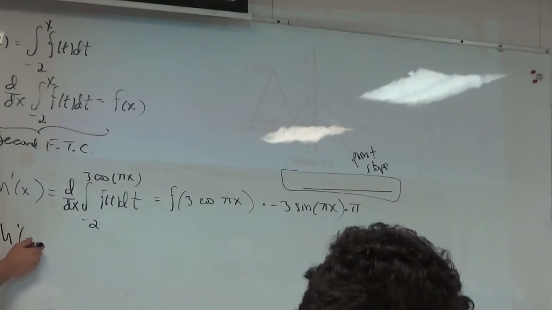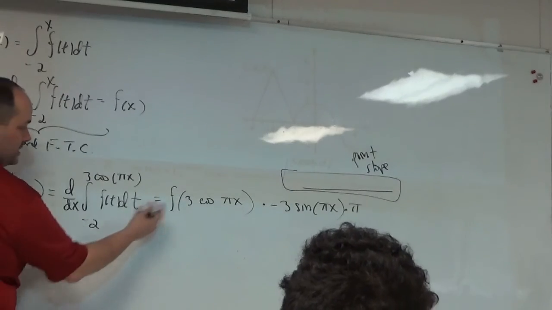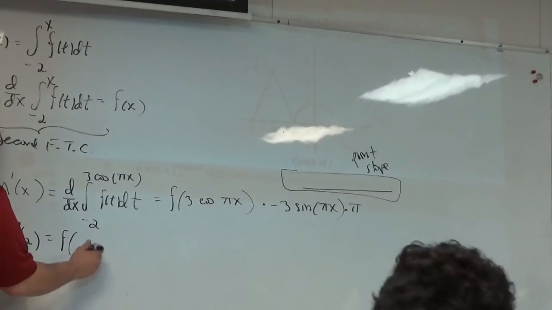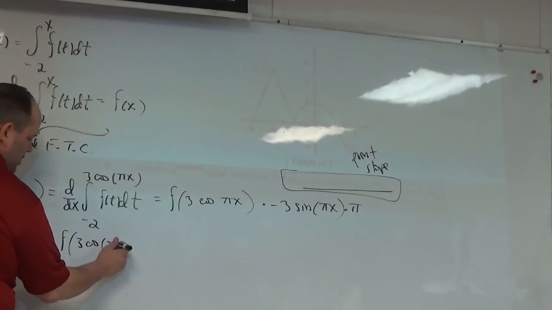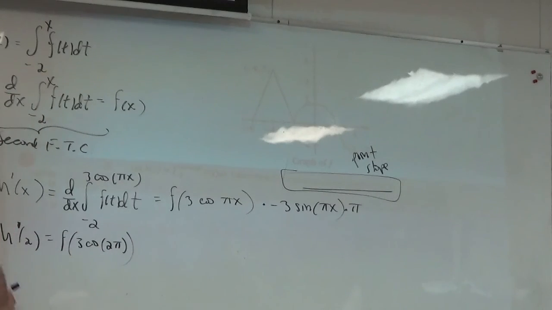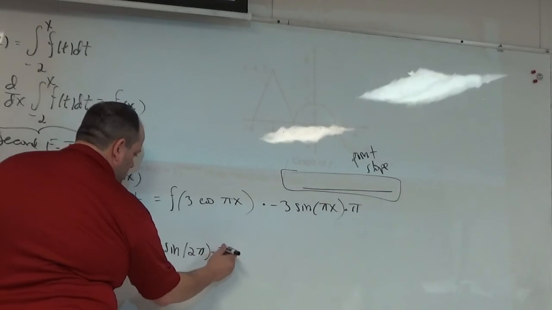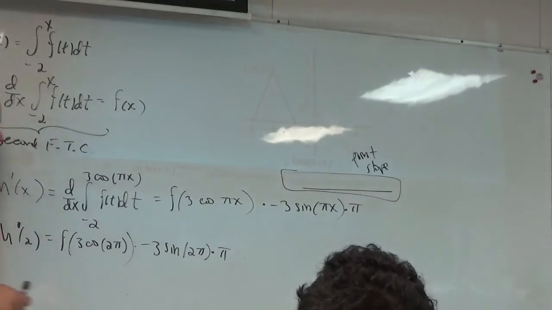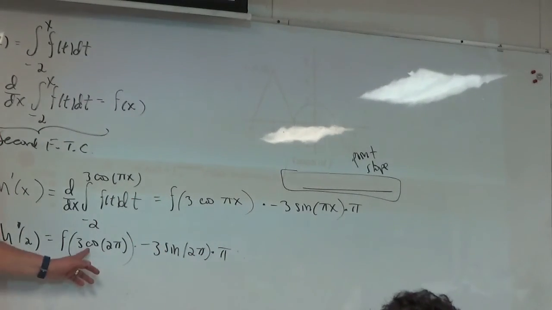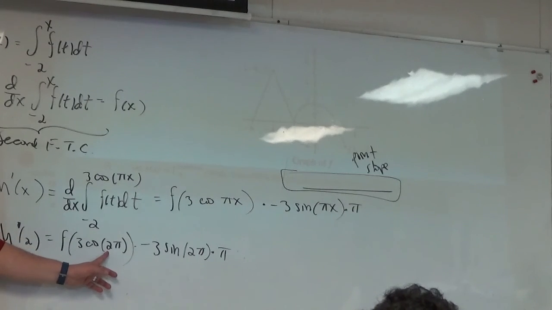So h prime of 2 is, plug it in, f of 3 times cosine of 2 pi, times -3 sine of 2 pi times pi. Anybody know cosine of 2 pi? It's 1.